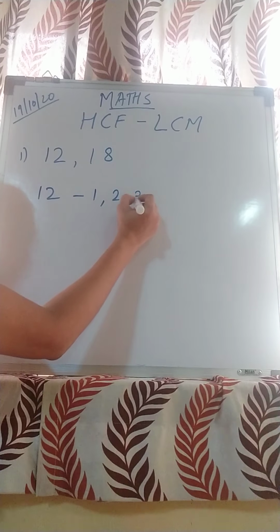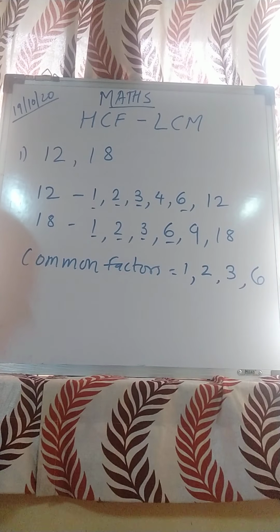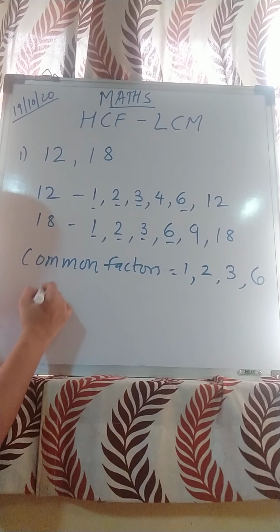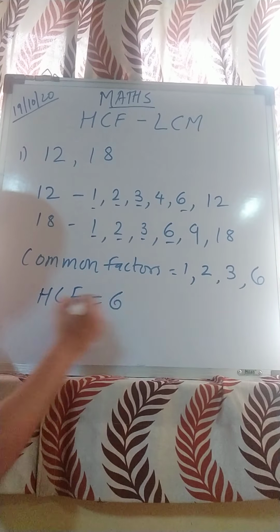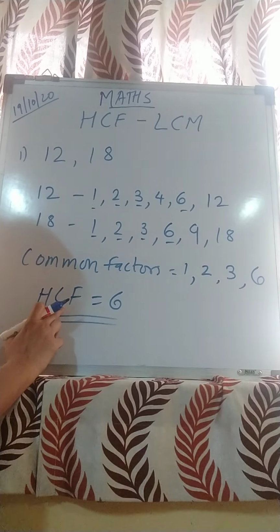Now the common factors are 1, 2, 3, 6. Among these common factors, which number is greater? 6. So your HCF is 6. What is the full form of HCF? Highest common factor. Understand? Based on this, you have your practice set 24.